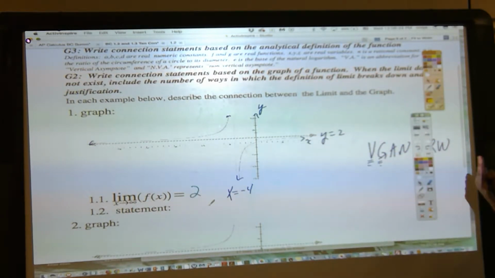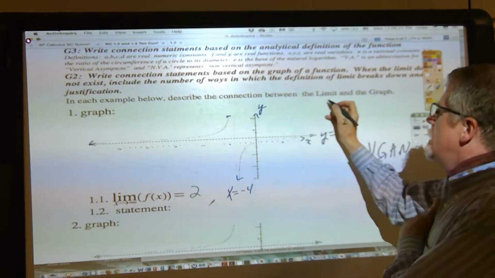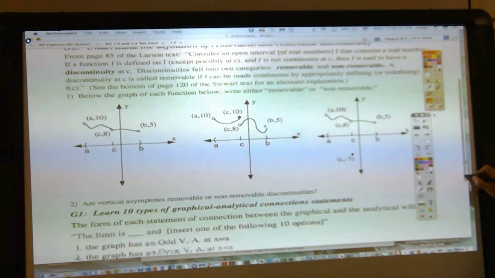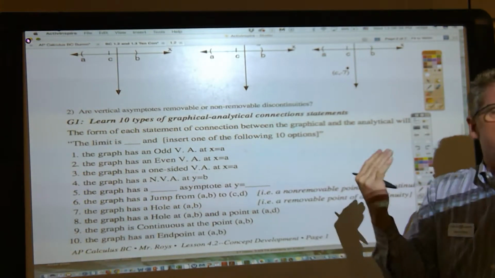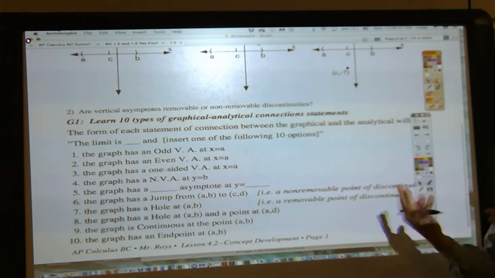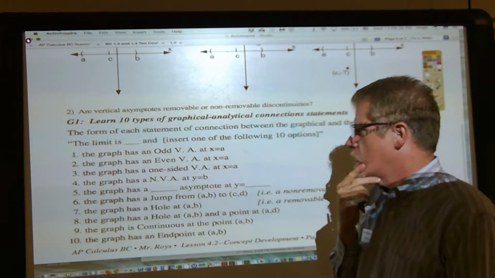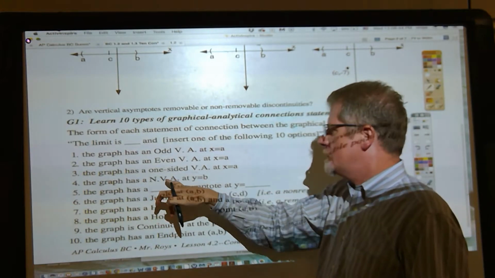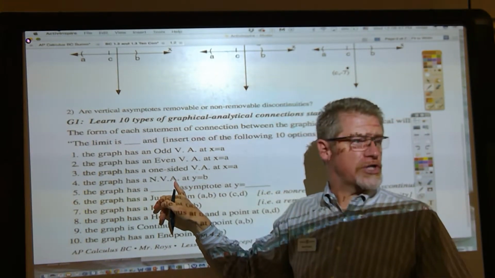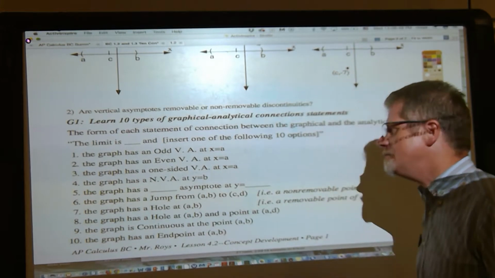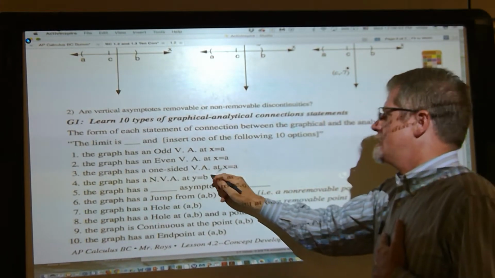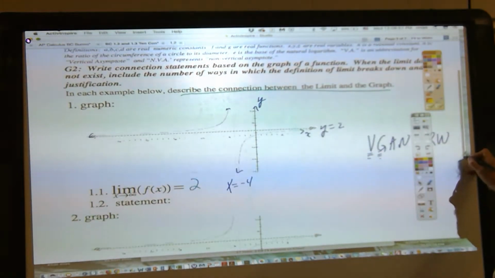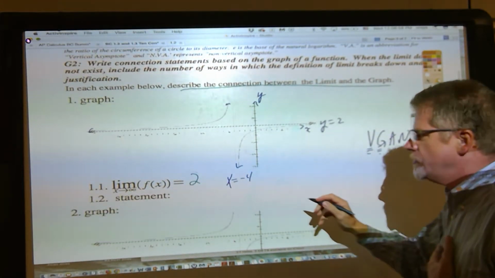Okay, but it is connected to some part of the graph. So describe the connection between the limit and the graph. When you peek back at the bottom of page 1, it's like, what is it about the number 2 and the graph that are connected? Well, it looks as though NVA is non-vertical asymptote. So a horizontal asymptote is just an example of a non-vertical asymptote. So it looks like it's the 4th statement. You would say the limit is 2. Here we go.